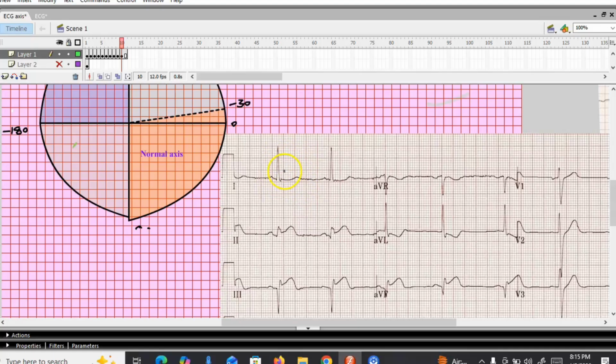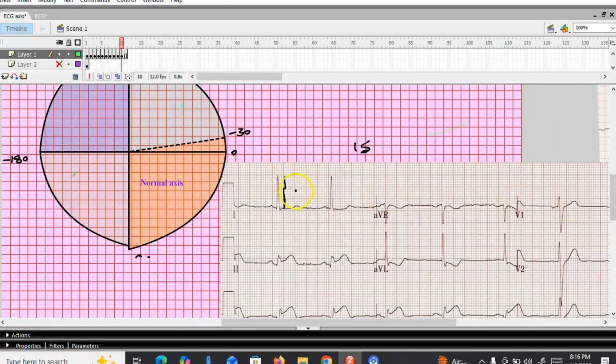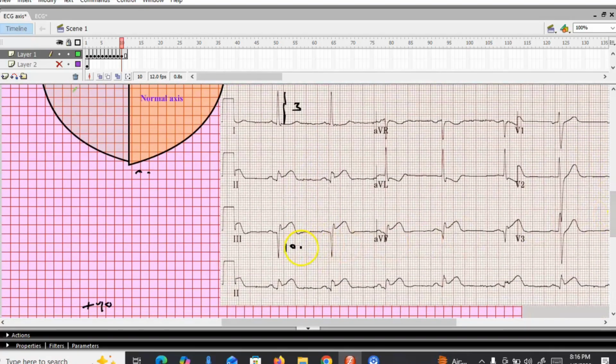It is almost around 1, 2, 3 big squares, which means around 15 small squares. So the height of the R wave is around 15 small squares. And in lead 3, there is a deep S wave. It is around 10 small squares. So in lead 1 there are 3 big squares, and in lead 3 there are 2 big squares. Understand?